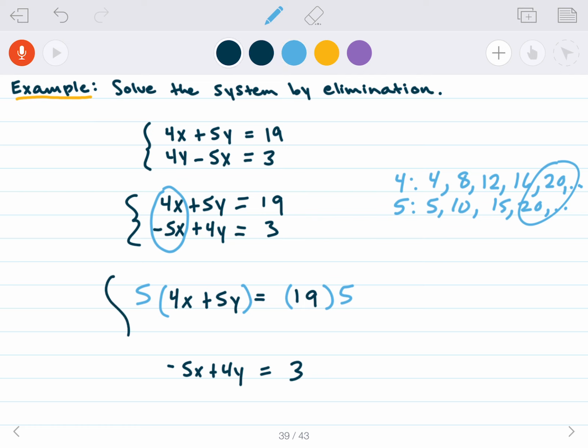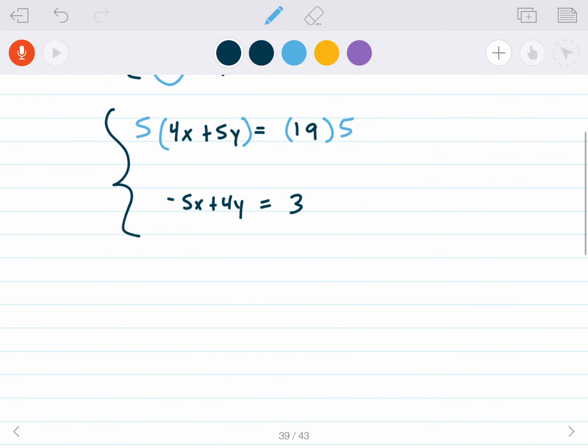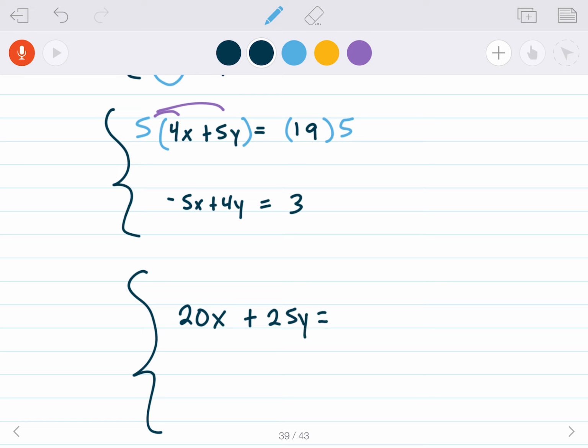So let's actually just keep rewriting the new versions. If I distribute the 5 here, I get 5 times 4x is 20x, which is what I wanted. 5 times 5y is a positive 25y. And 19 times 5 is 95. Okay.